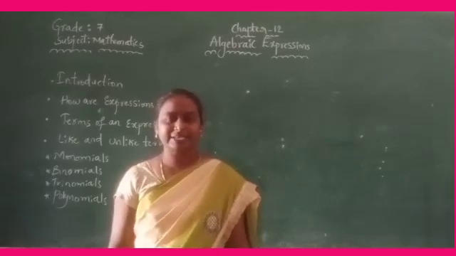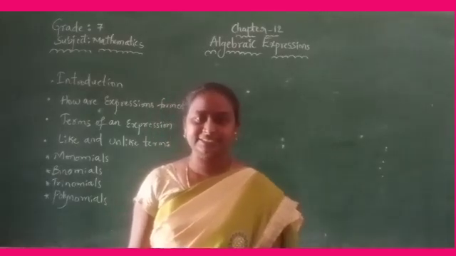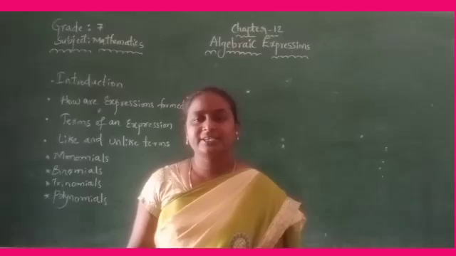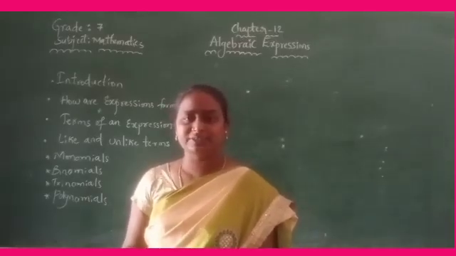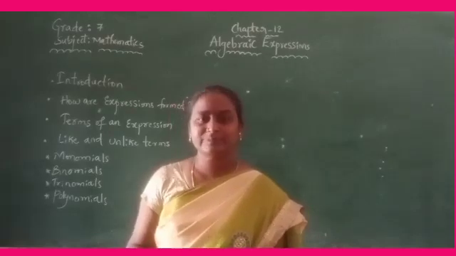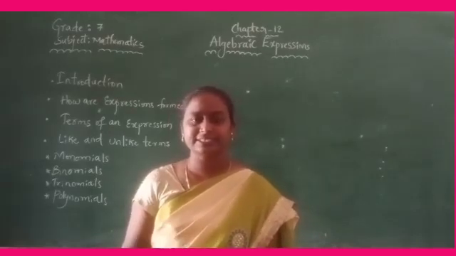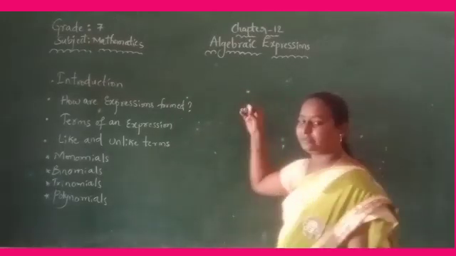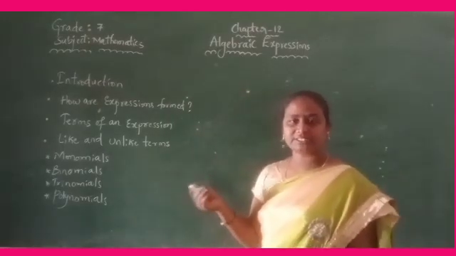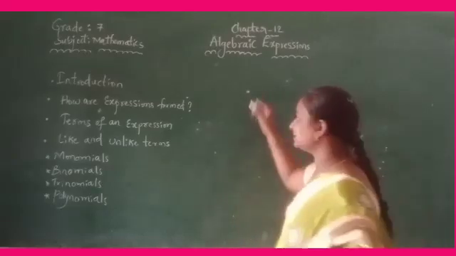Algebra is a branch of mathematics. Here in algebra we are finding the unknown values using symbols, so we are representing numbers with letters. Very good. How many fundamental arithmetic operations are there? 4.